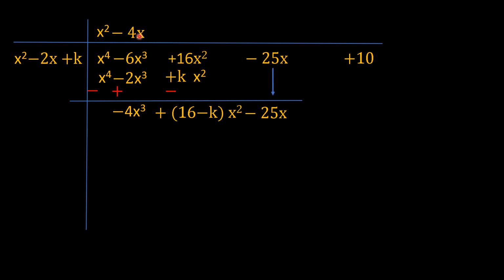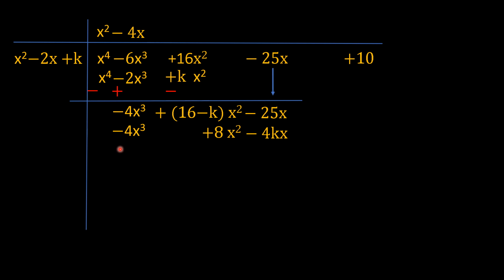So minus 4x multiplied by x squared gives us minus 4x cubed. Minus 4x multiplied by minus 2x gives us 8x squared, which we write here. Then minus 4x multiplied by k gives us minus 4kx, which we write below this.